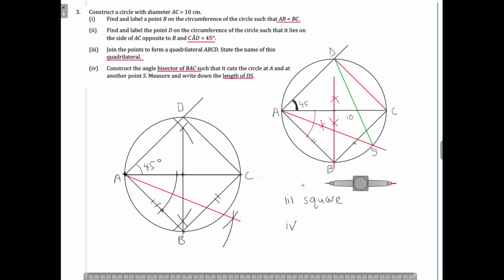Now the bisector cuts the circumference at S according to the question. It cuts at A and it also cuts at S. So this is the point S. And we have the line DS, which we have to measure.